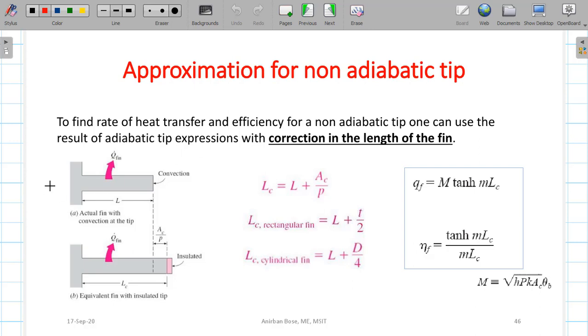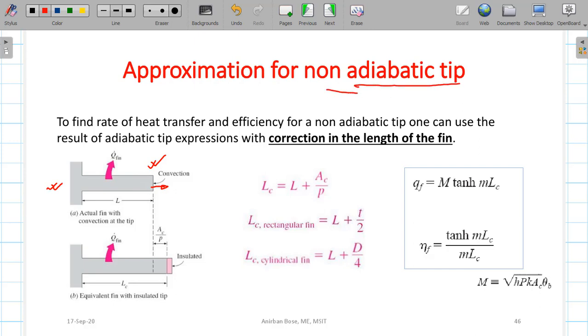Here you can see in the first figure, this is a situation where the convection is taking place outside. So this is case 1 that we have discussed, the boundary condition. And in the second case, suppose this is the reality, in real time this is the situation of the fin, but we want to use the adiabatic tip condition.